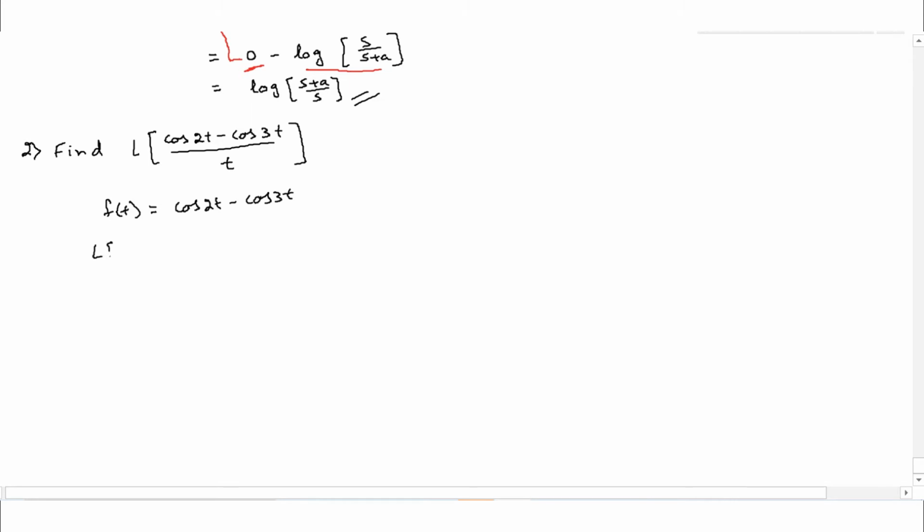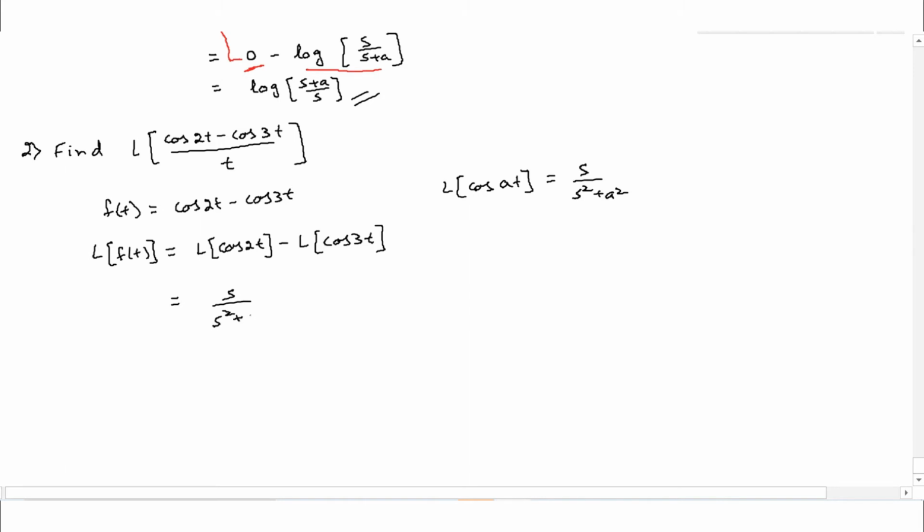So if you apply the Laplace transform on both the sides, so you have Laplace transform of cos 2t minus of Laplace transform of cos 3t. So which will be equals to s by s square plus 2 square minus of s by s square plus 3 square.